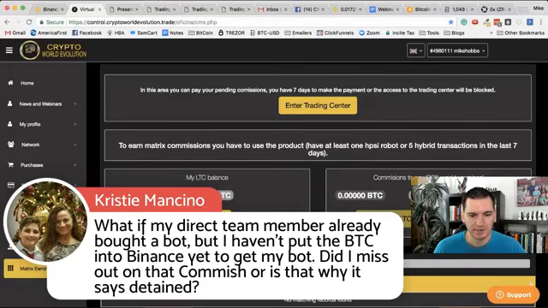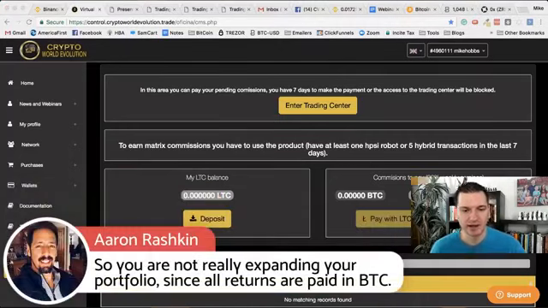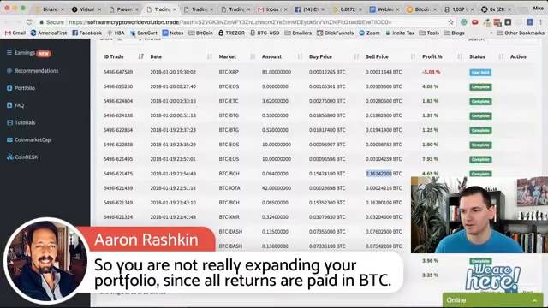So you're not really expanding your portfolio since all returns are paid in BTC. Yeah, you're right, Aaron. With this bot, you're not really expanding your portfolio unless the trades don't close and then you shut it off or something. You know what I'm saying? Let's say I shut off my bot right now, and I just turned off the API.